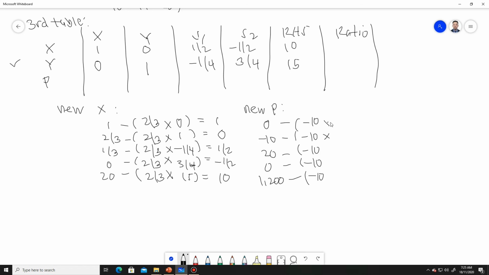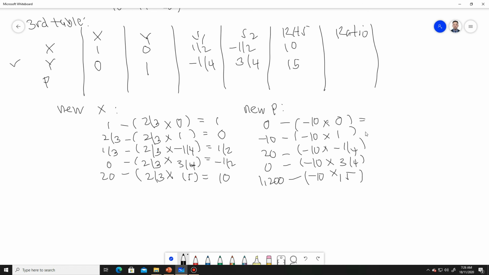Multiplied by corresponding elements in the replacing row. Ito yon, no? Ito. We have 0, 1, negative 1/4, 3/4, and 15.